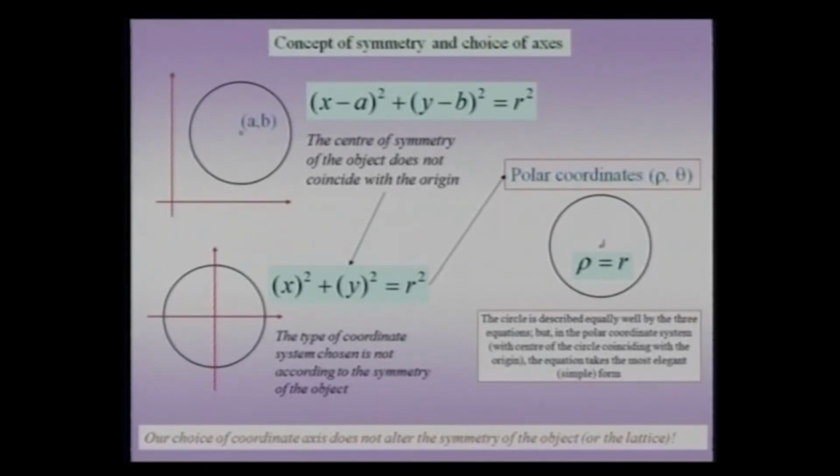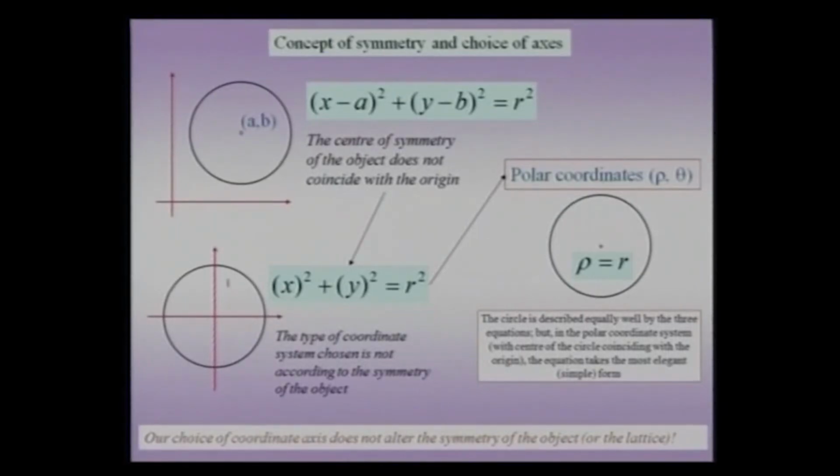Now the equation of a circle, suppose I want to describe the circle in terms of this left hand Cartesian system given on the left hand side of the slide, is x minus a the whole square plus y minus b the whole square is equal to r square, right? Now let me move the circle to the origin, which is the 0, 0 point in the Cartesian coordinate system, okay? And if I do that, I get the figure which is below.